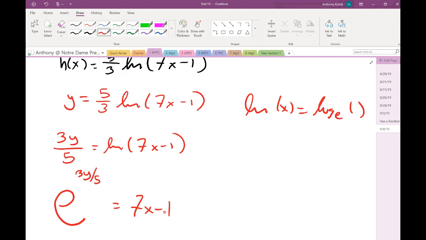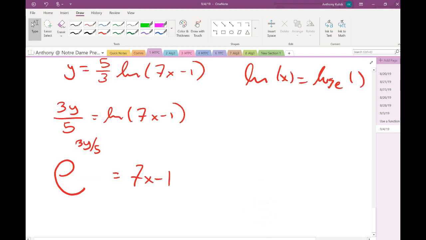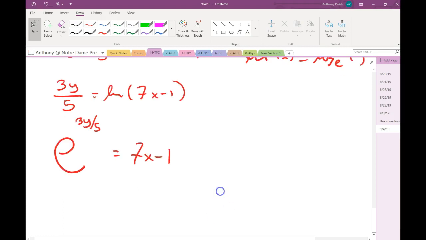I'm putting e as the base of both sides. So it is a big E. And then to finish this off, we'll add 1 to both sides and divide by 7, right?